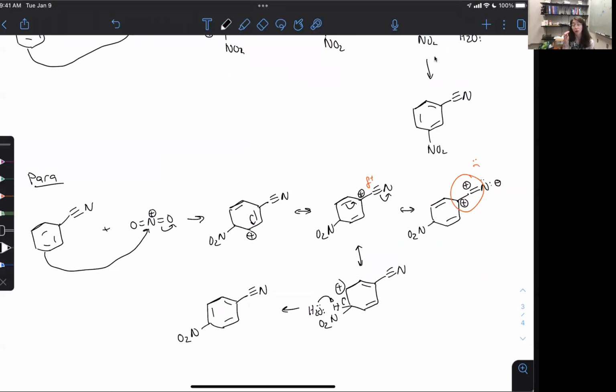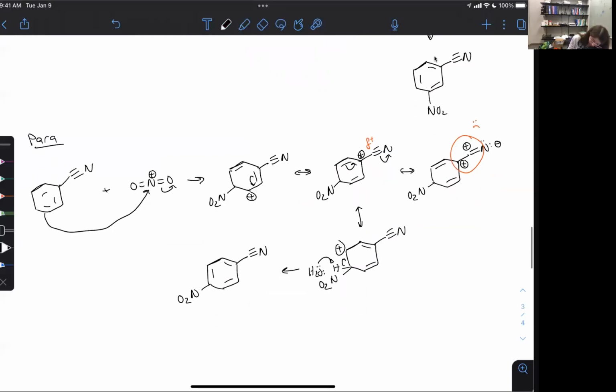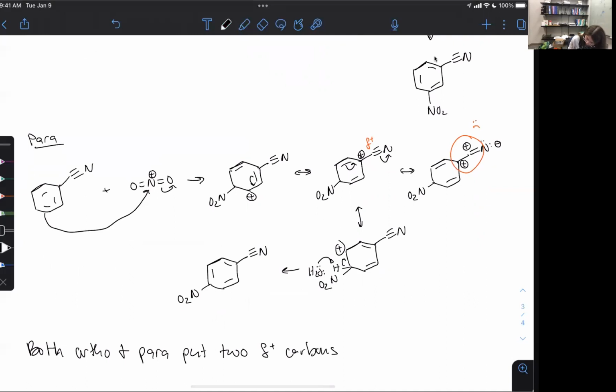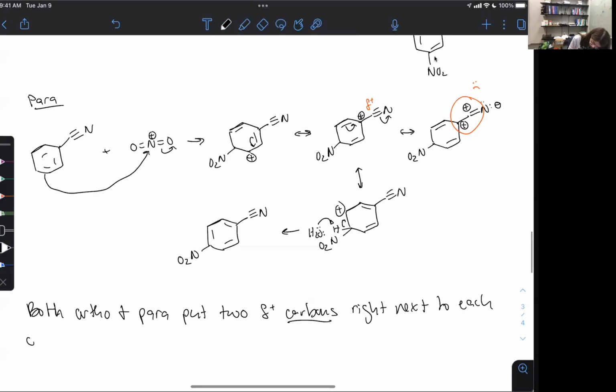Okay, so both the ortho and the para put two delta plus carbons right next to each other. Not good.